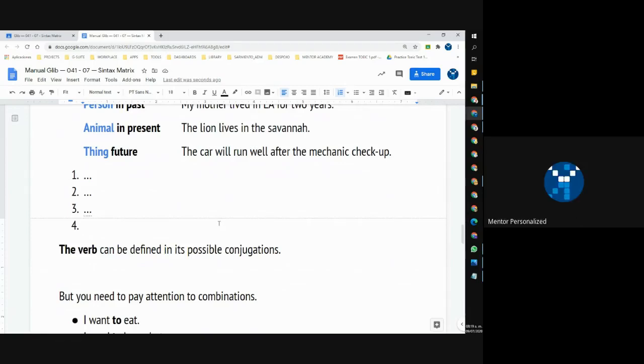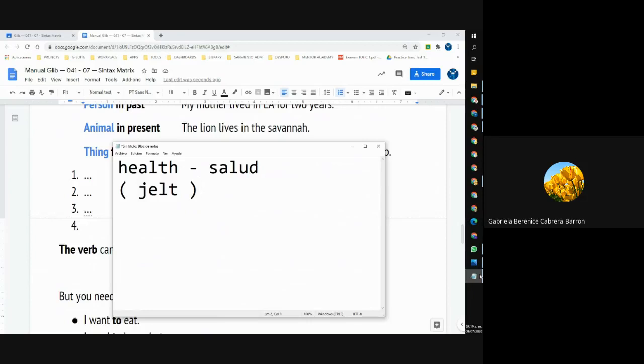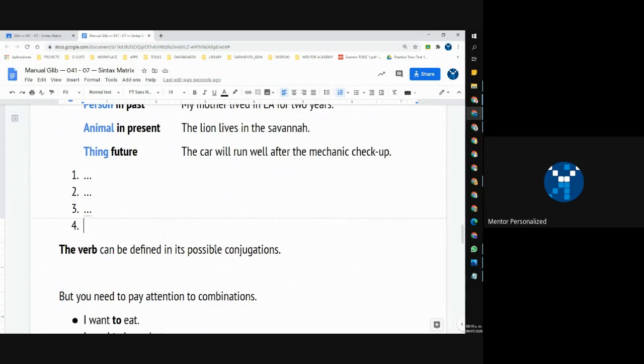Very good. More trees, because we have tree versus three. And these are árboles. Okay, very good.